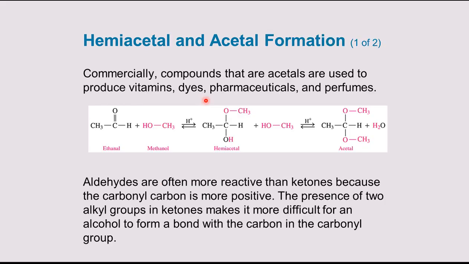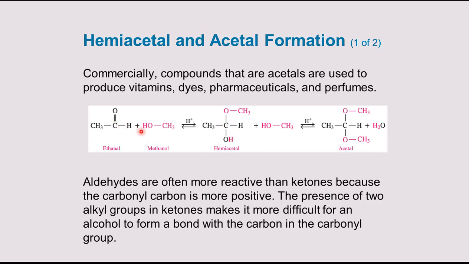All right, so let's look at this in a little bit bigger picture. Let's say we have the molecule ethanal. Recognize that this is an aldehyde. Aldehydes will react with alcohols such as methanol to produce the hemiacetal. Let's look at what's happening here.